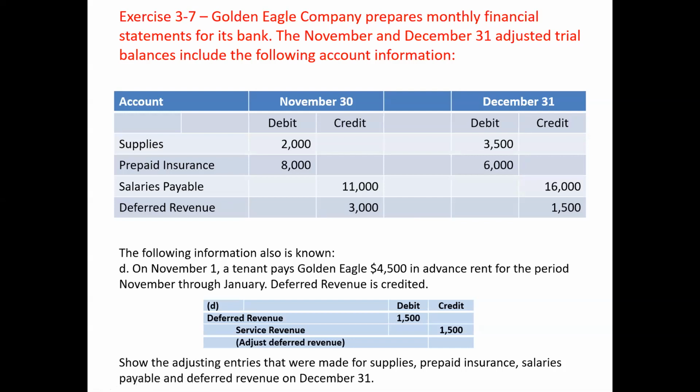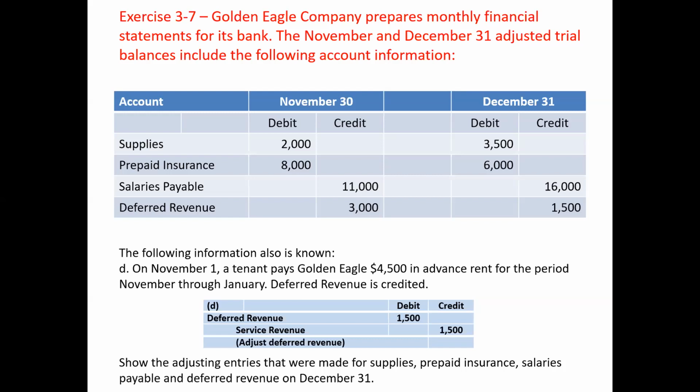On November 1st, a tenant paid Golden Eagle $4,500 in advance rent for the period November through January. Deferred revenue is credited. So that means back on November 1st, Golden Eagle debited cash of $4,500, credited deferred revenue of $4,500 for 3 months of rent.